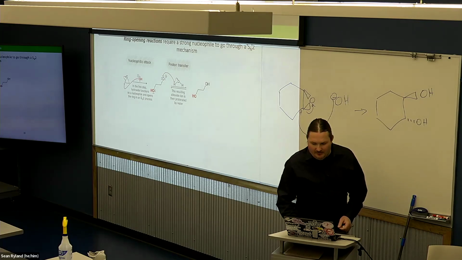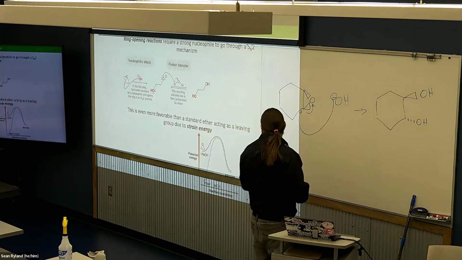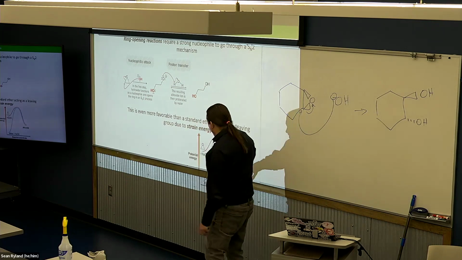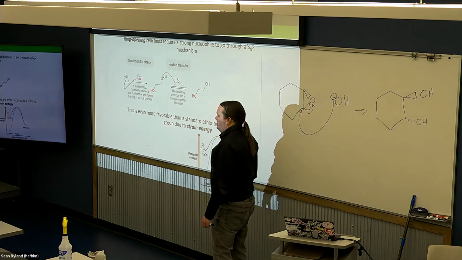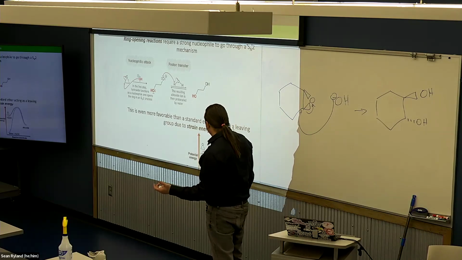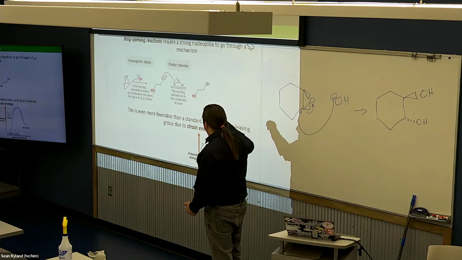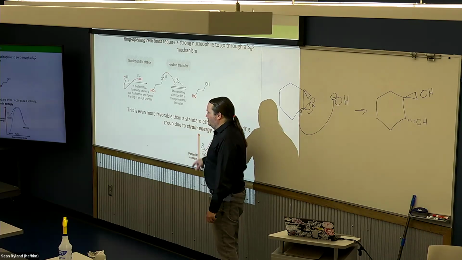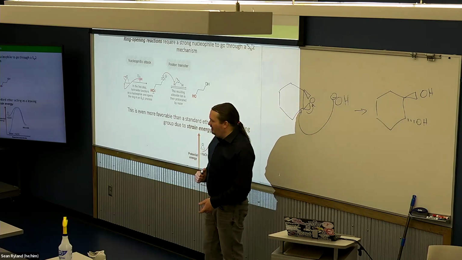And this does happen even faster than with a regular ether. With a regular ether, we saw we could undo ether formation with relatively weak nucleophiles earlier on. Because it's a three-sided ring, those three-sided rings have a lot of strain energy.